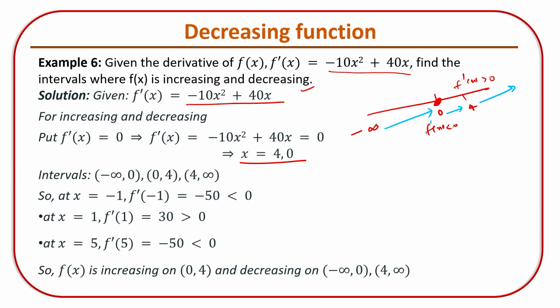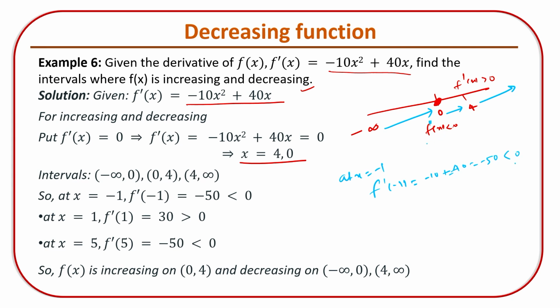So putting x equal to minus 1 here, f'(-1) is equal to how much? Putting x equal to minus 1, f'(-1) is going to be minus 10 and minus 40, right? So this will be minus 50, which is less than 0.